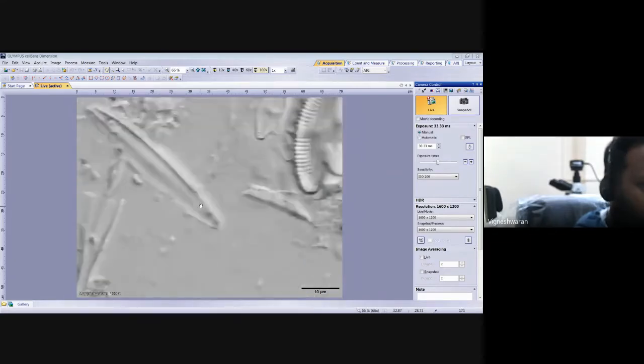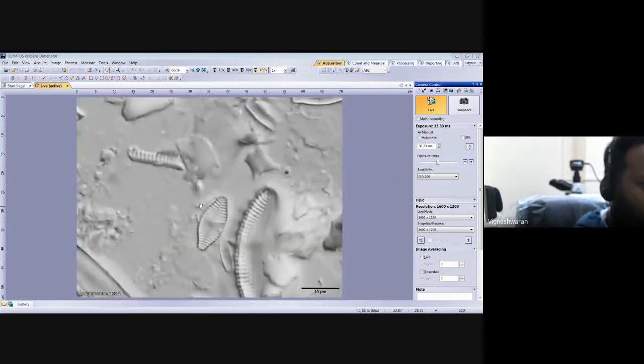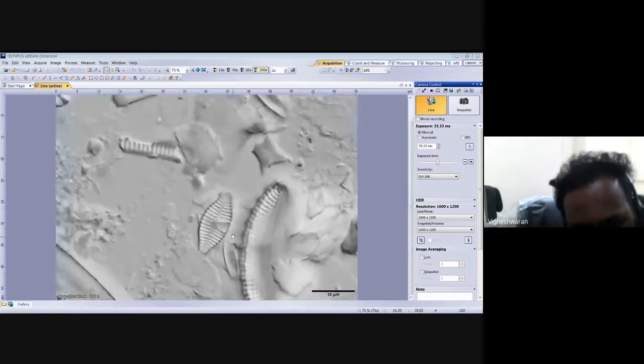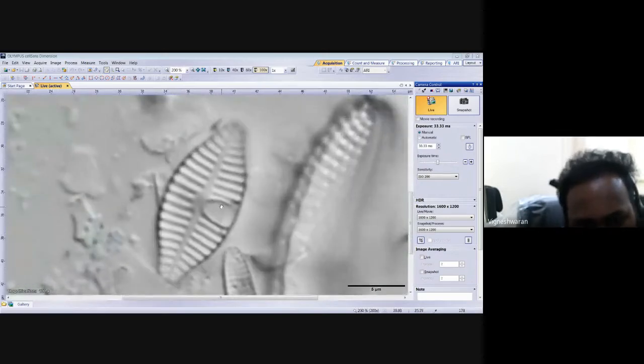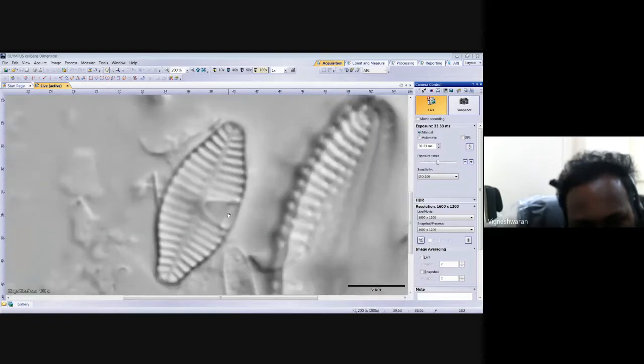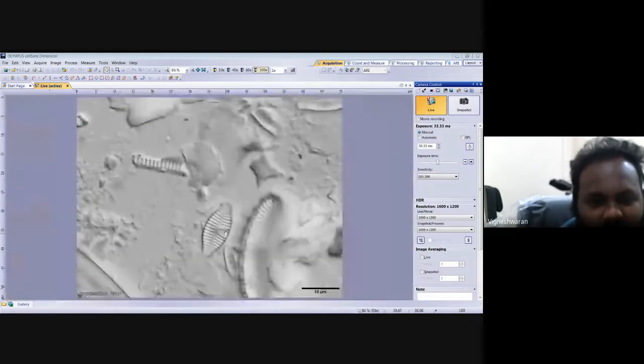So yeah, see, this is another monoraphid diatom. It has this kind of horseshoe structure. See, on the back side you can see the raphe. On this side there is no raphe.